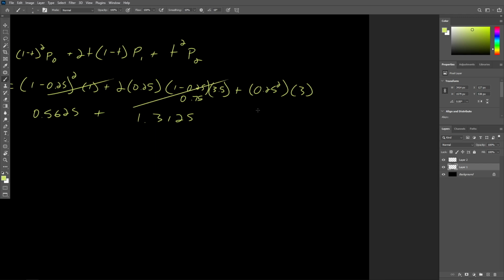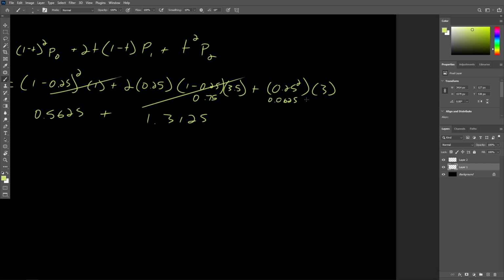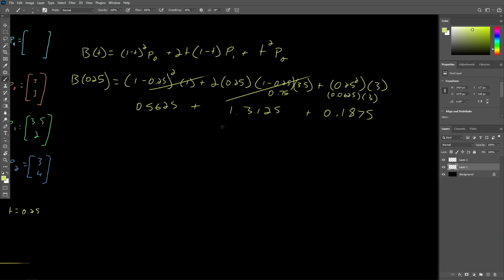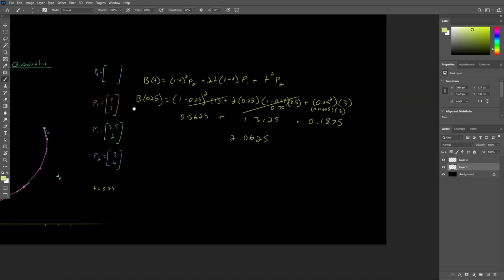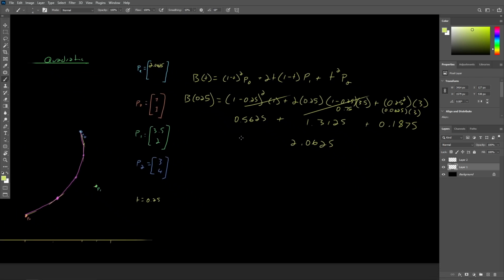And finally, we have 0.25 squared, which is 0.0625 times 3, which is 0.1875. All right, so adding everything together gives us a final value for the x component of 2.0625.